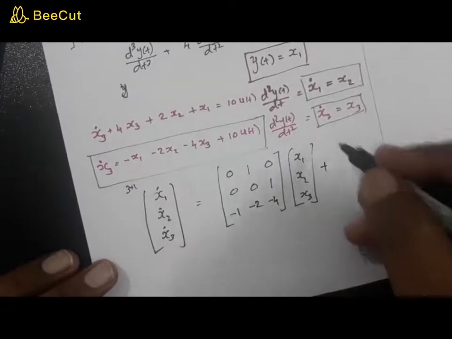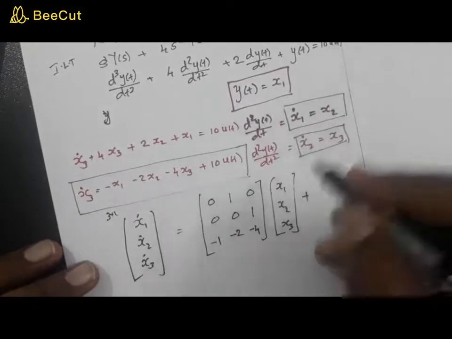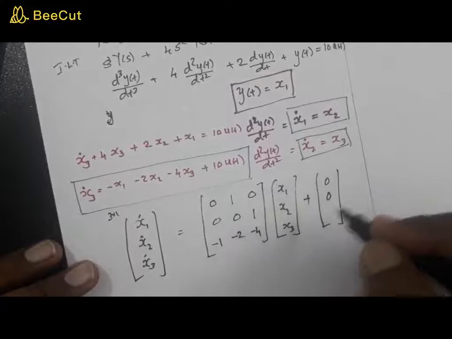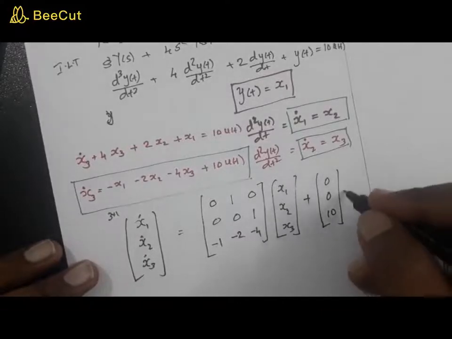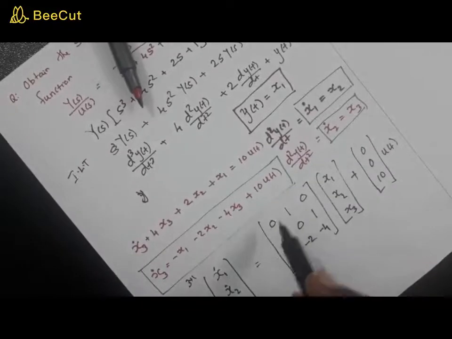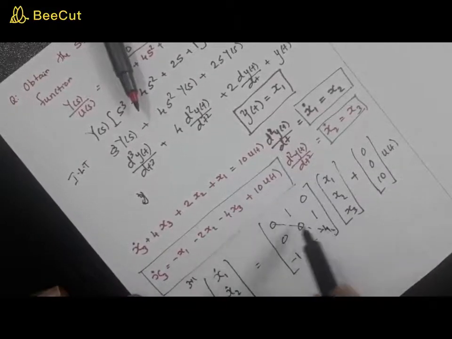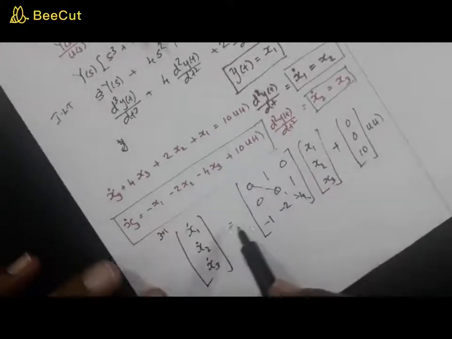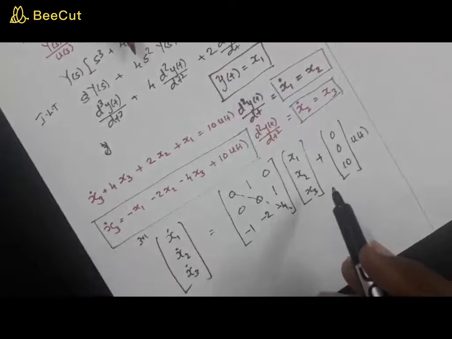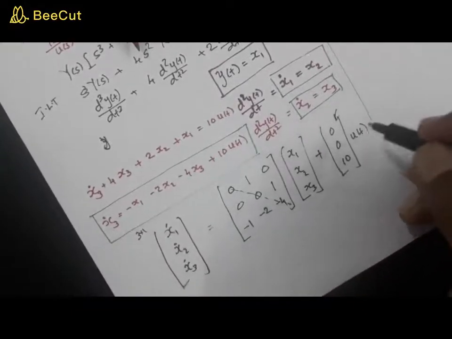Now plus, again you have a 3 by 1 matrix. In the first two equations you don't have any input, so you can call this 0, 0, and this is 10 into u(t). Look at this, this is what I told you: this always results in a form like this. In the last row you will have all the coefficients, and the rest will be like this.